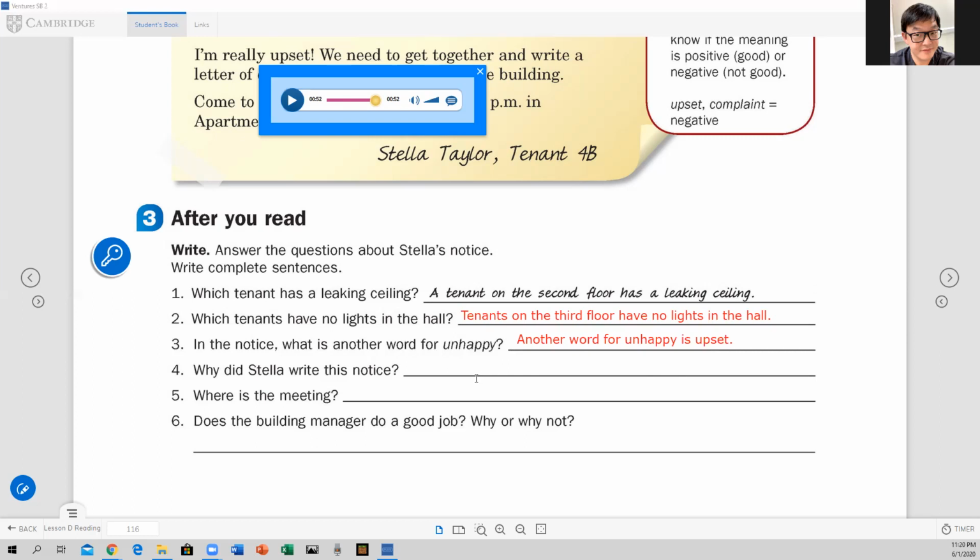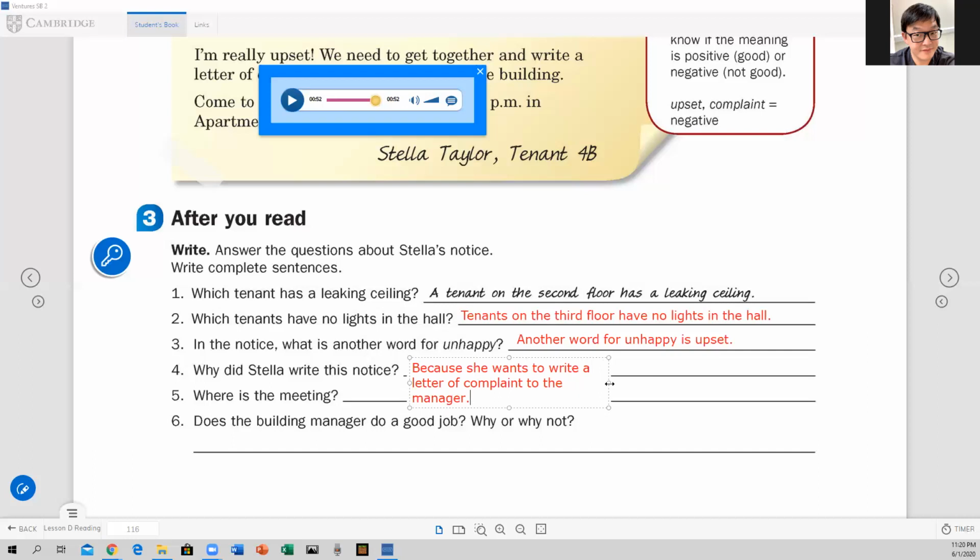Number 4, why did Stella write this notice? Because she wants to write a letter of complaint to the manager.